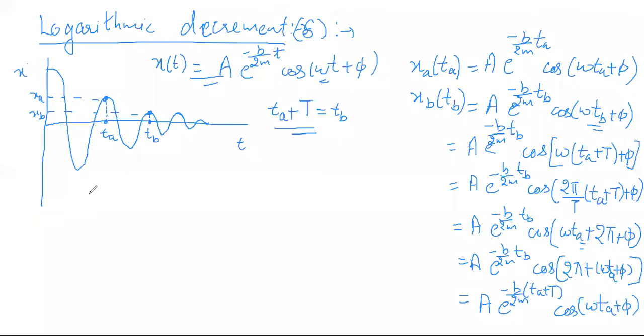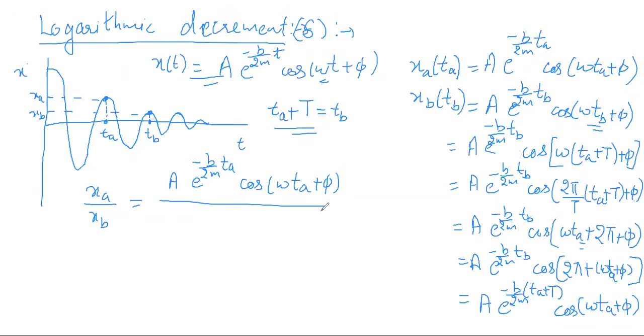Now, if I take the ratio of both of these terms, XA over XB, and both of these are functions of time. Now, I'm going to stop writing that. So this ratio is equal to A e raised to power minus B upon 2m TA cosine of omega TA plus phi divided by XB. Plug in the value of XB from here.